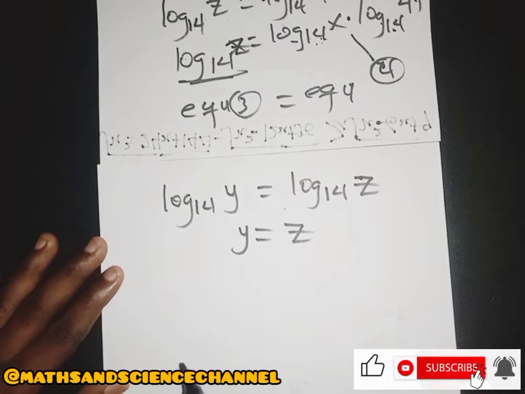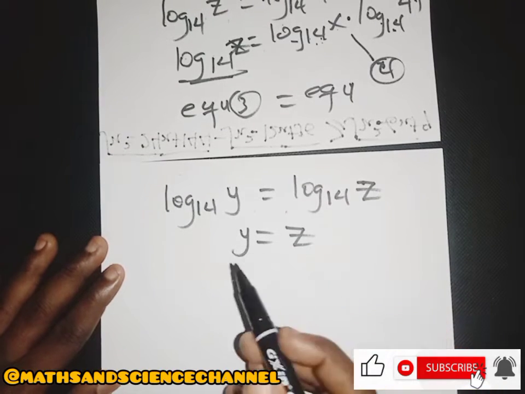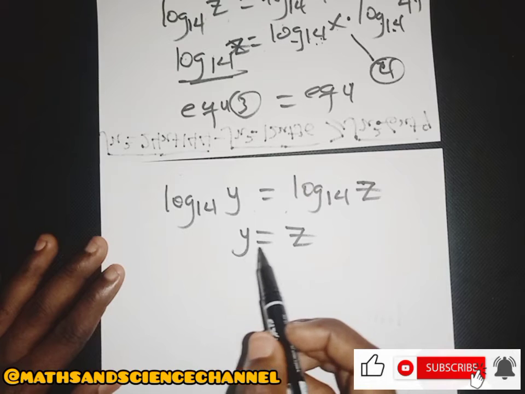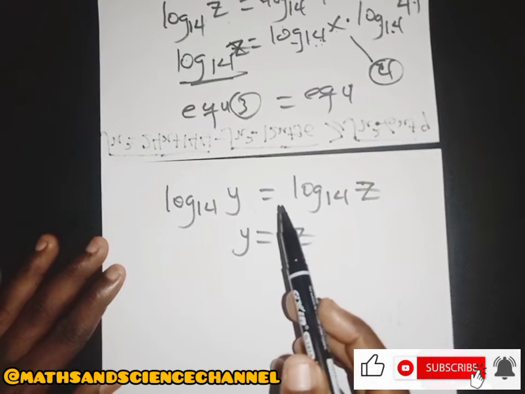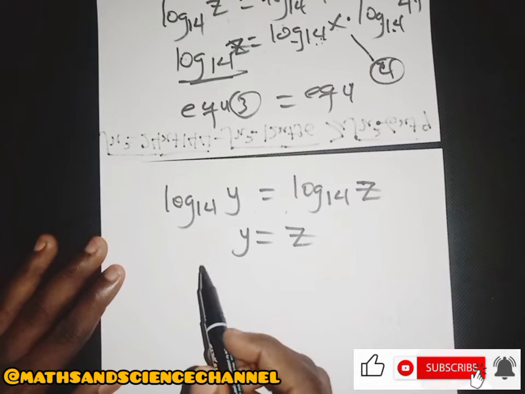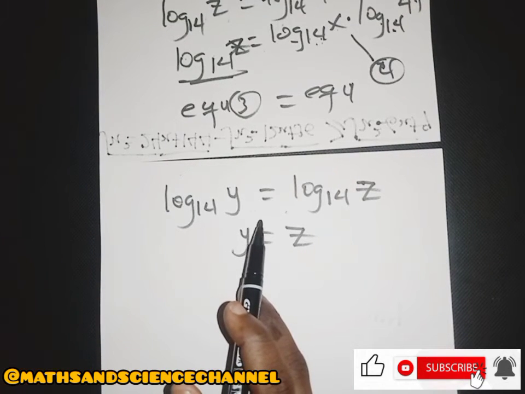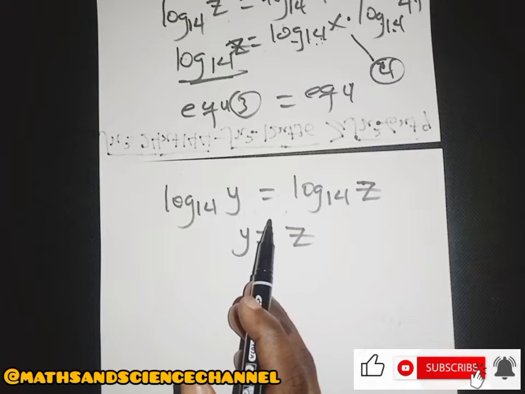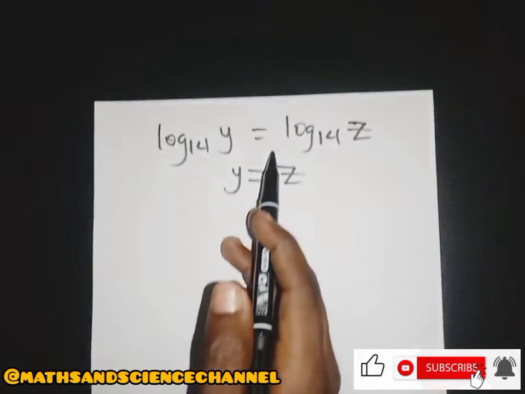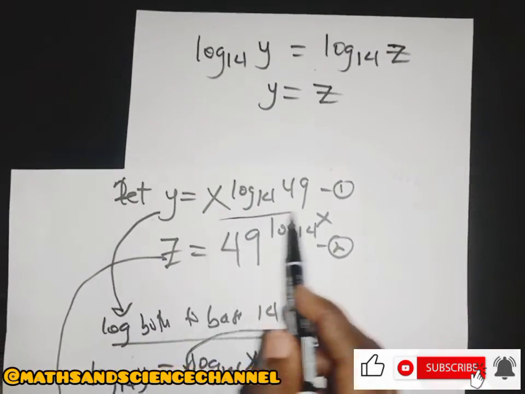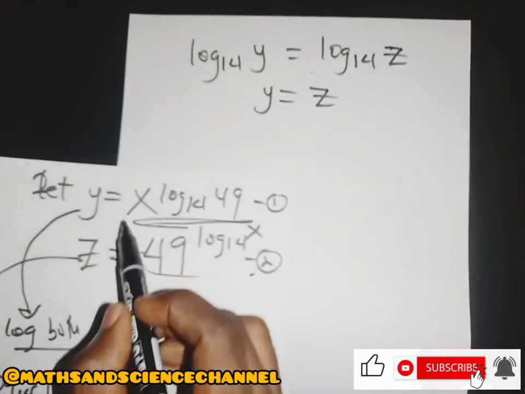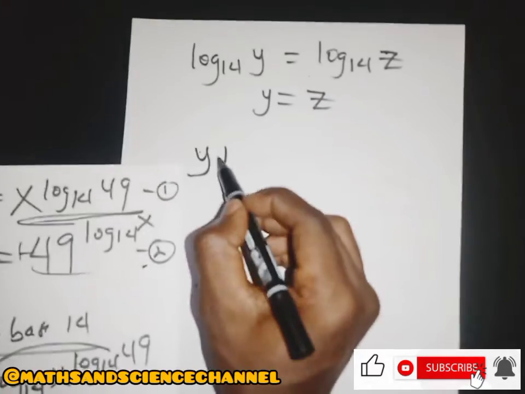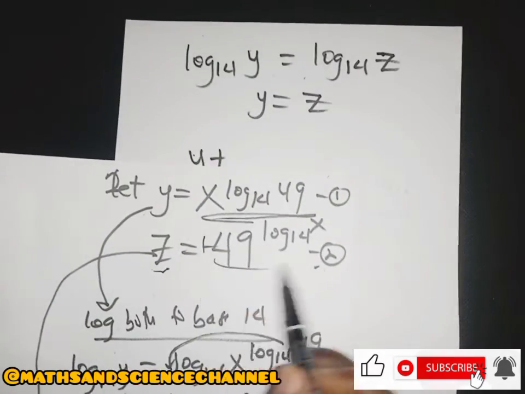If y equals z, then substituting that into the original one, remember we said from the beginning that the first part plus the whole of that, so we just have y plus z equal to the second part of the equation.